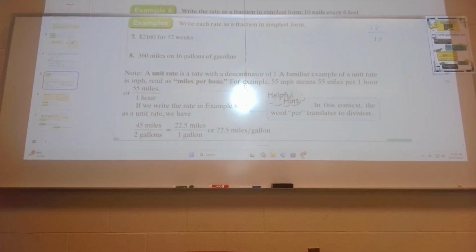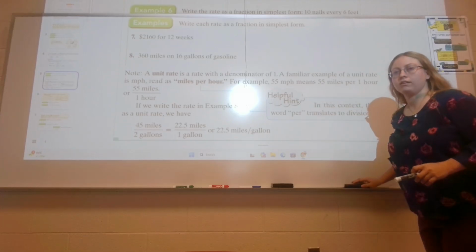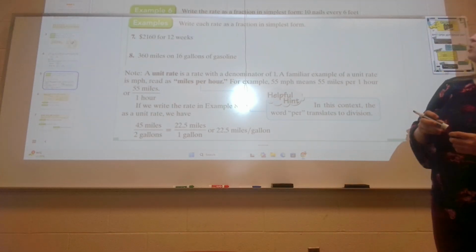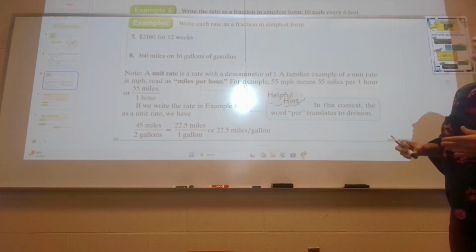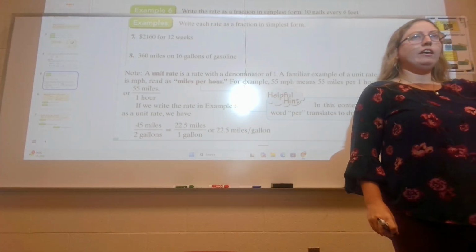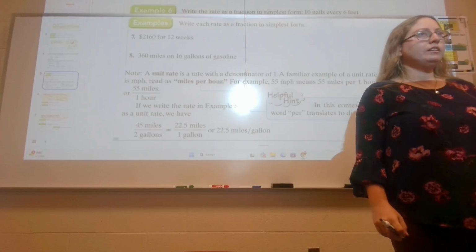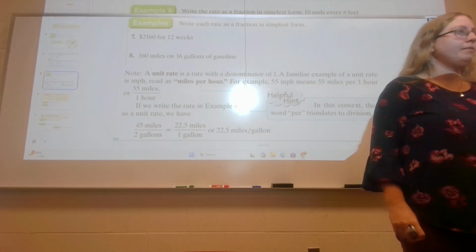All right, so now we're going to actually practice that. So let me erase my 12 to 17 over here. Okay. So when we're asked to write the rate in the simplest form, and it's 10 nails every 6 feet, you should be able to write those in the ratio like what we had been doing. Keep the units with it. Simplify, but keep the units with it.